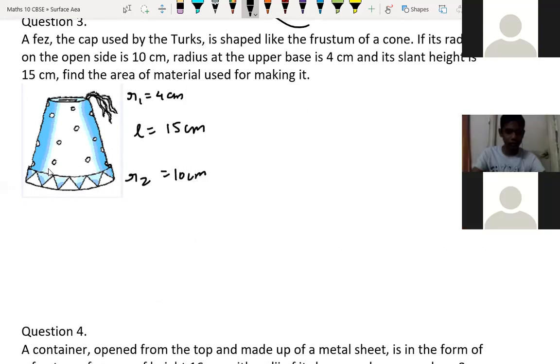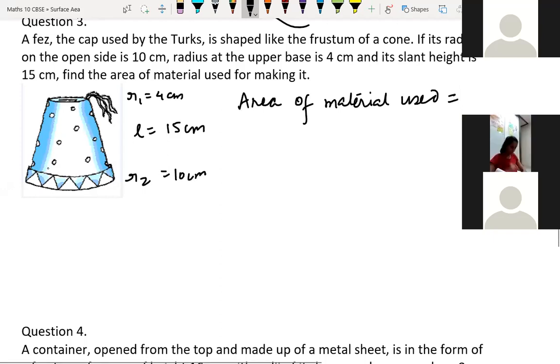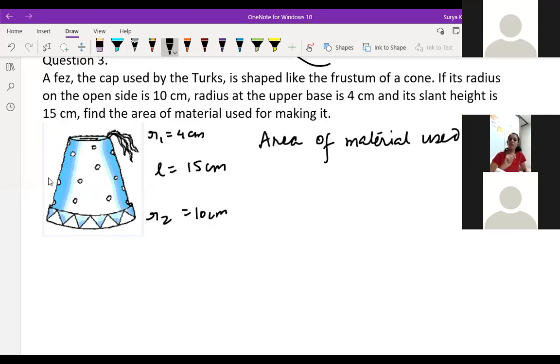See, children, this is CSA we have to find, and the down part is open, right? So area of material used is equal to... Adarsh, can you tell me what to do in this? Area of material used, what to do? Others? If you see the topi, you know topi.